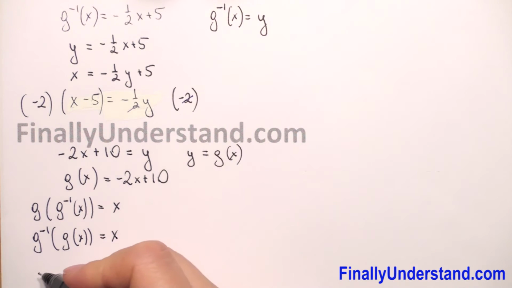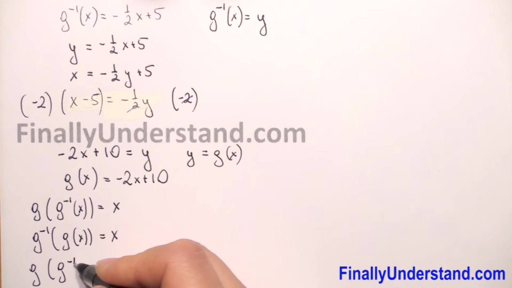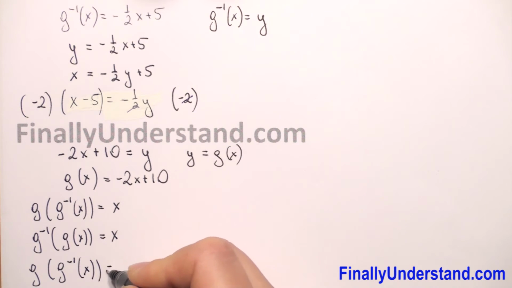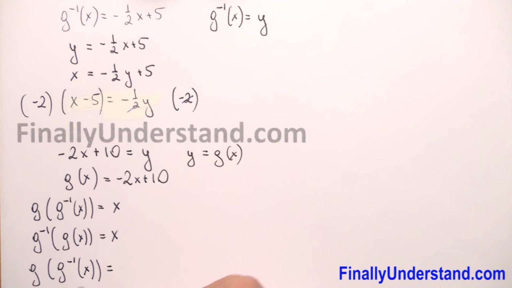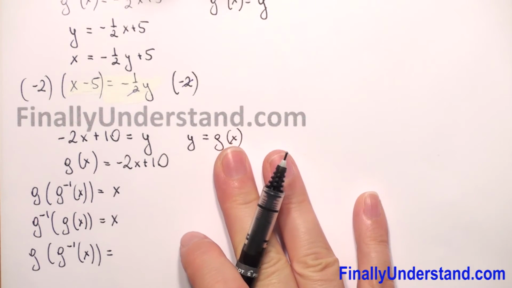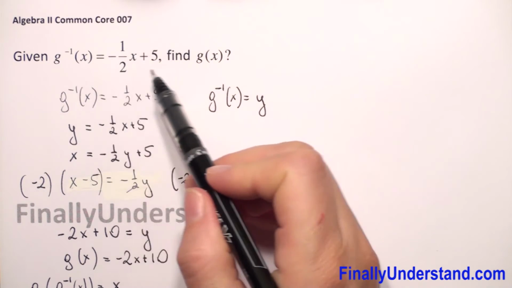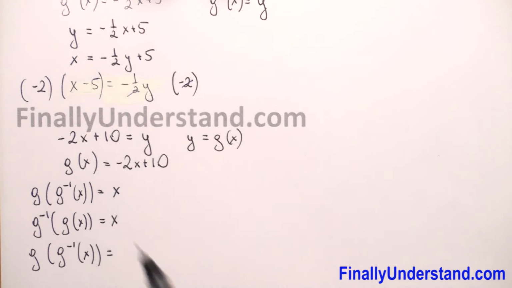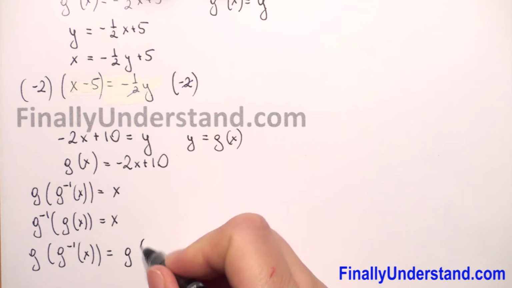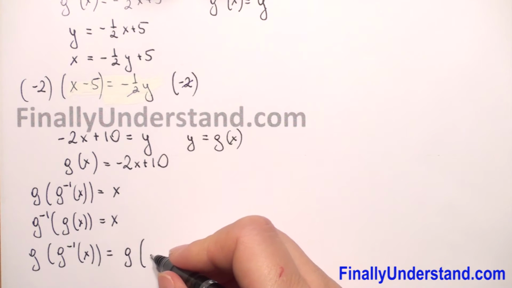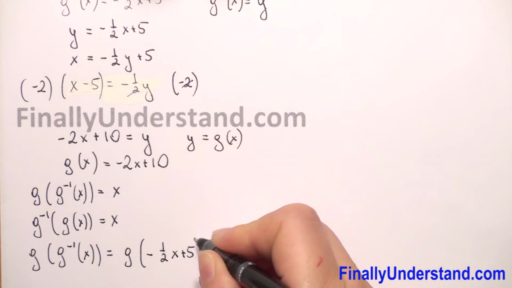Let's see. We have g of inverse of g. We have to substitute the inverse function of g by the given formula. So g we copy, and we have negative 1/2 x plus 5.